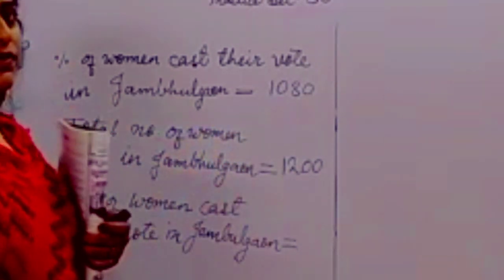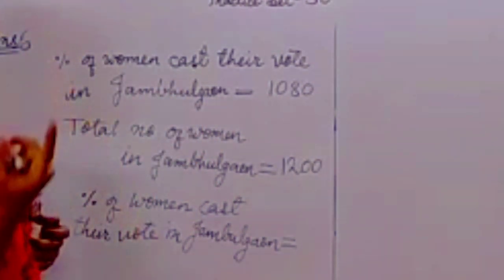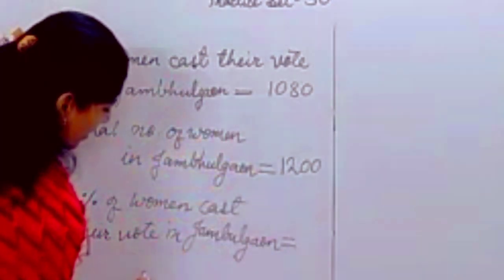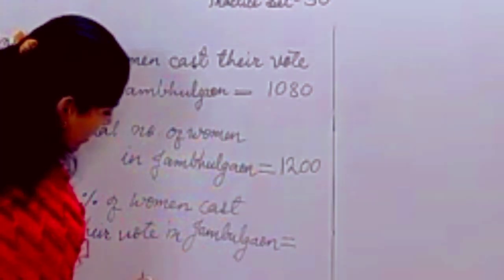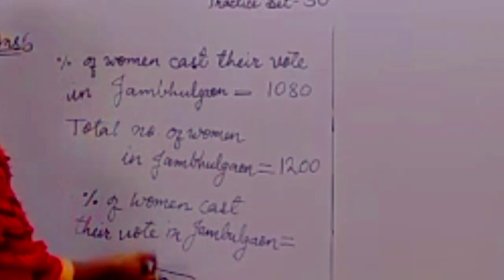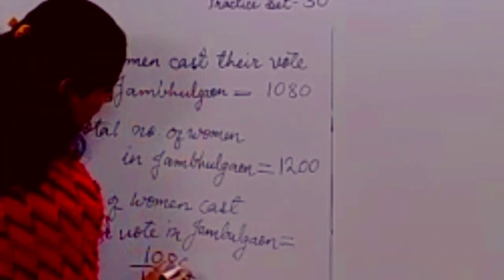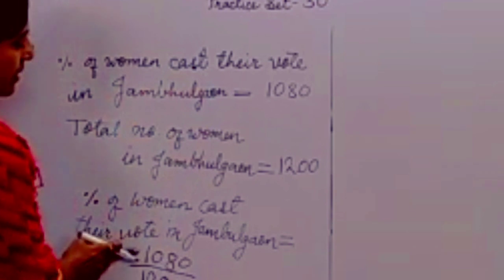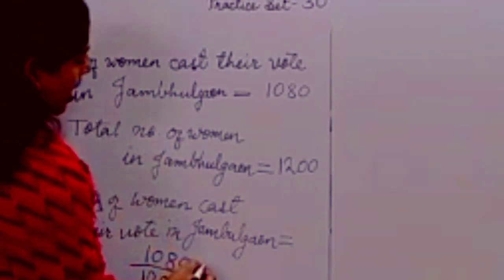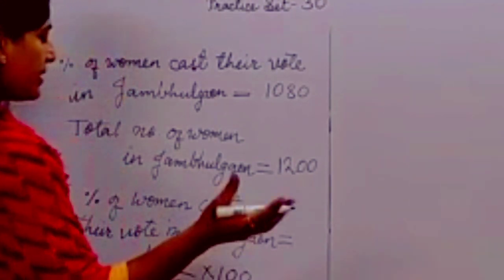To find out the percentage, first we'll write it in the fraction manner and we'll multiply it with 100. So out of 1200 means we'll write 1200 as a denominator. Out of 1200, 1080 women cast their vote. Okay. And multiply with 100, then we'll get the percentage.